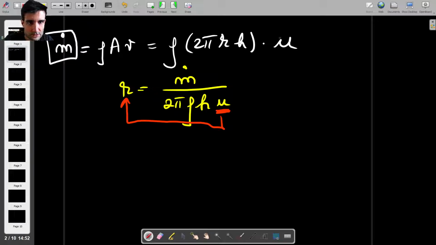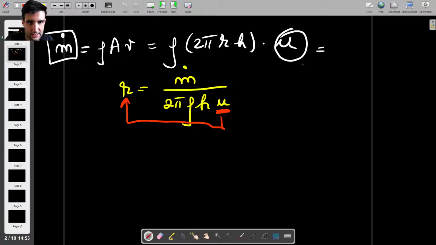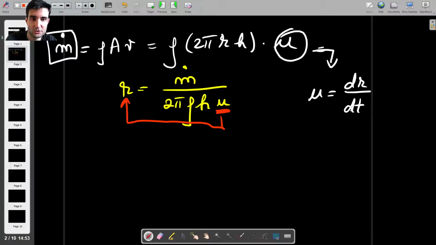This u is the velocity of the liquid, and the velocity of the liquid is purely along the radius. If r is the distance from the center all the way to the liquid front, then u is dr by dt. So r is how much the liquid moved in a certain amount of time, which means its first derivative is the velocity.